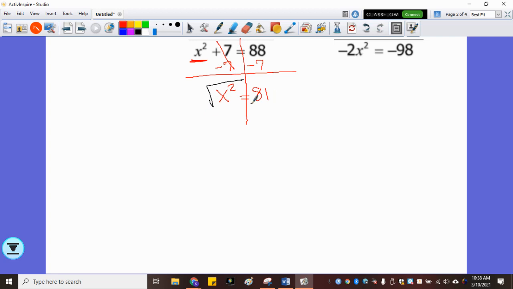Well, what you do to one side, you have to do the other. So you take the square root of both sides. Square root of 81 is 9. Don't forget, there's 2 answers because it could be a positive 9 or a negative 9. So you can write your answer as plus minus 9, or you can write your answers separated, 9, negative 9.